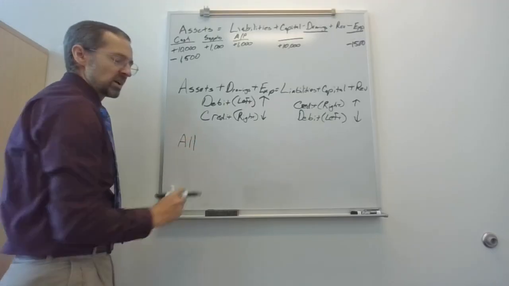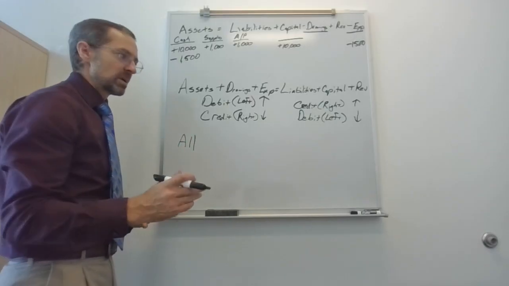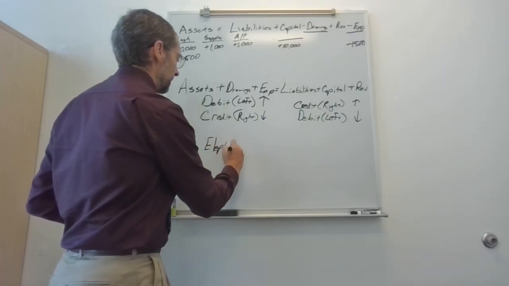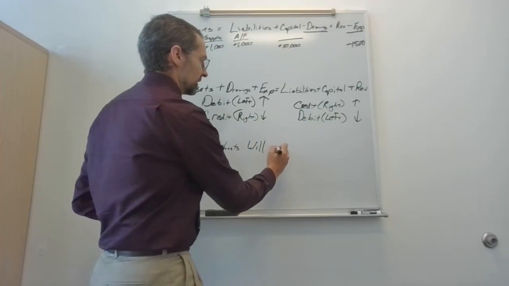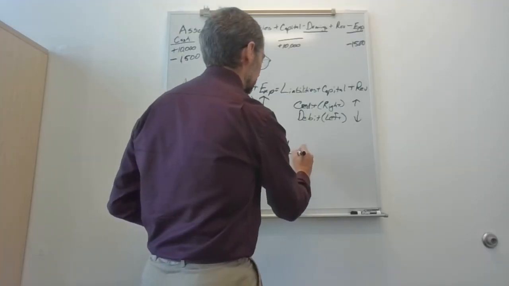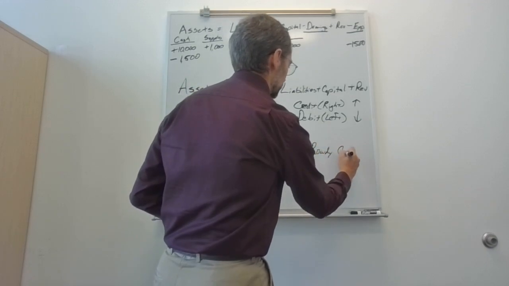And this is a mnemonic device, meaning it's just a phrase that we can use to remember this. And it's: All elephants will, and I'll just put a dash here to separate the second phrase, love rowdy children.